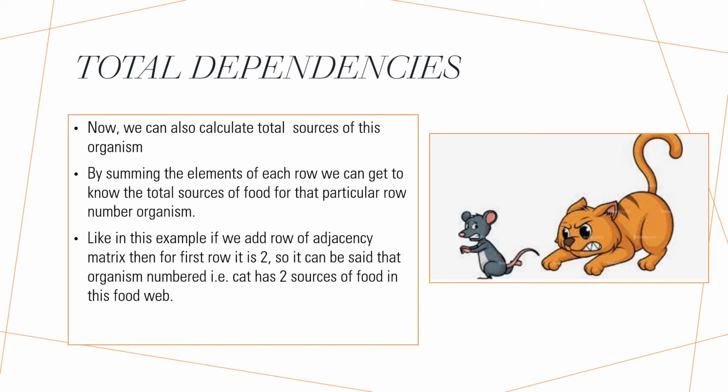In the example we got previously, the resultant matrix is 0 1 2, 0 0 1, and 0 0 0, which means that the cat is dependent on the rat in two ways, one direct and the other indirect, whereas the rat is only dependent on the mouse in a single way.